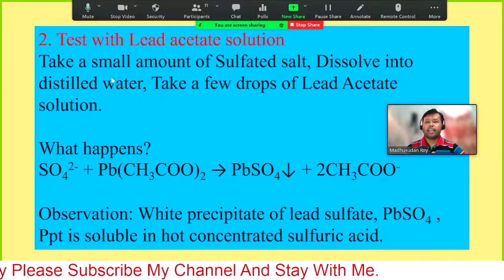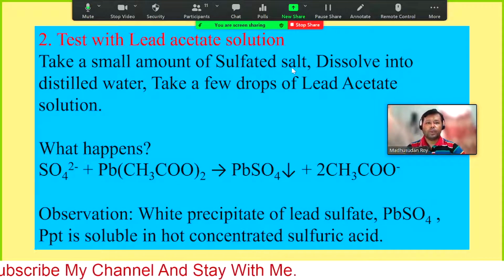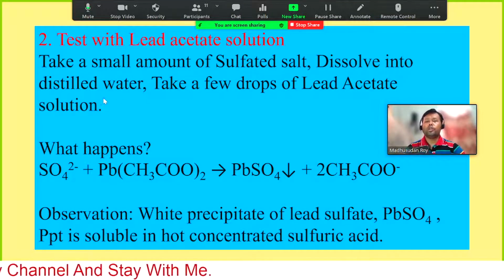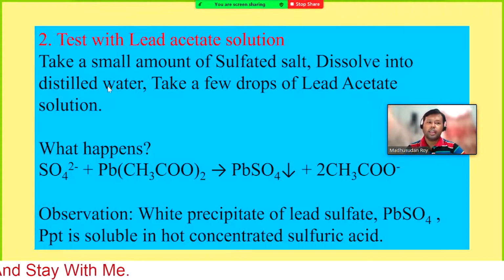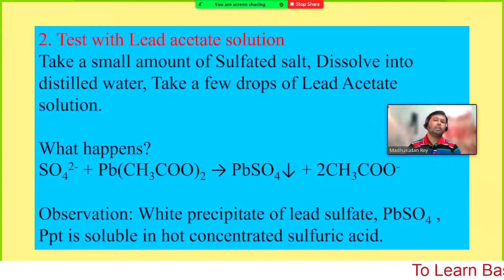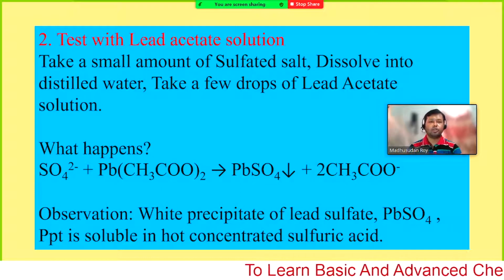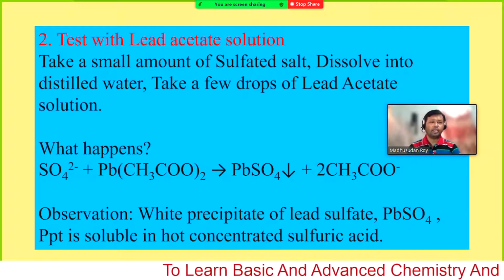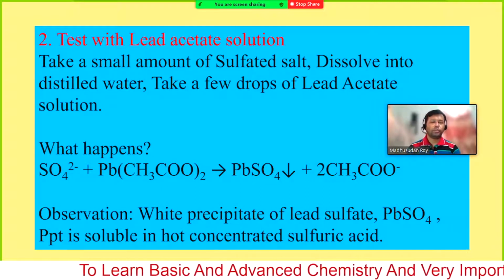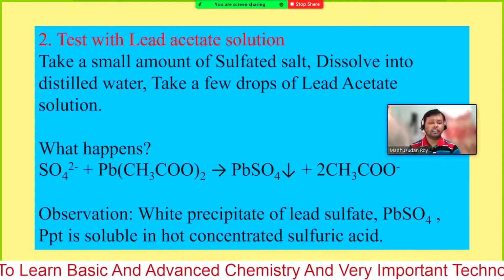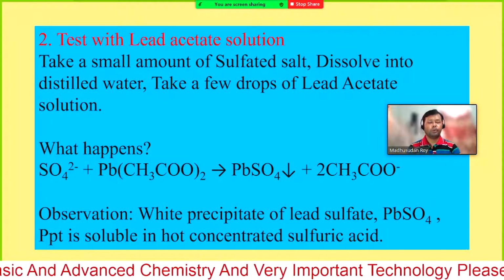Take a small amount of sulfate salt and dissolve it in distilled water. Similar thing, you just need to remember the way of preparing the OS, the original solution. Just take a salt, dissolve it in water, make a clear solution. If this is not clear, just filter it, that will give you a clear solution.